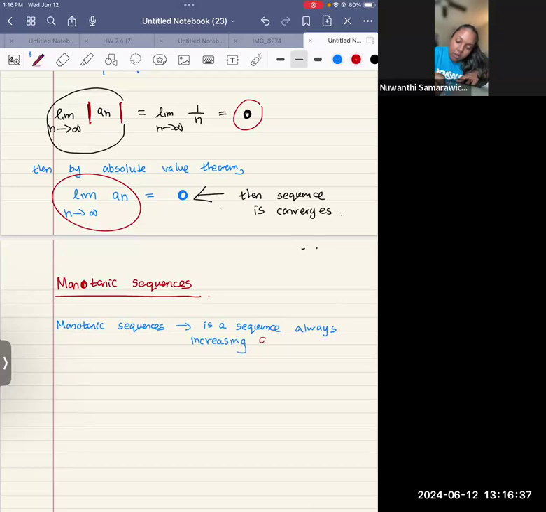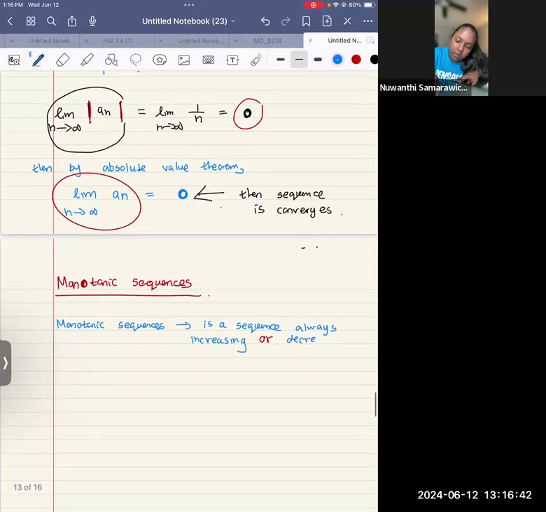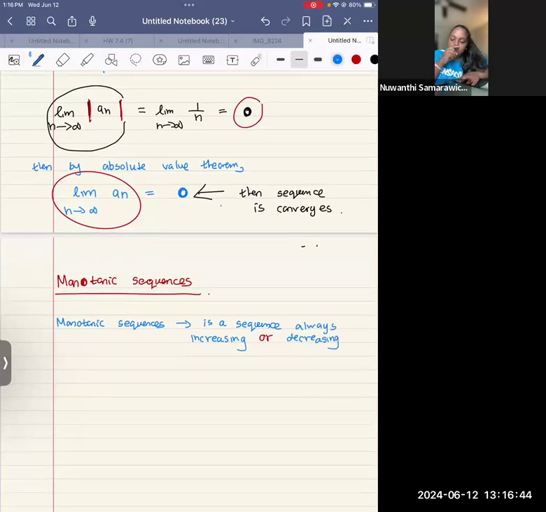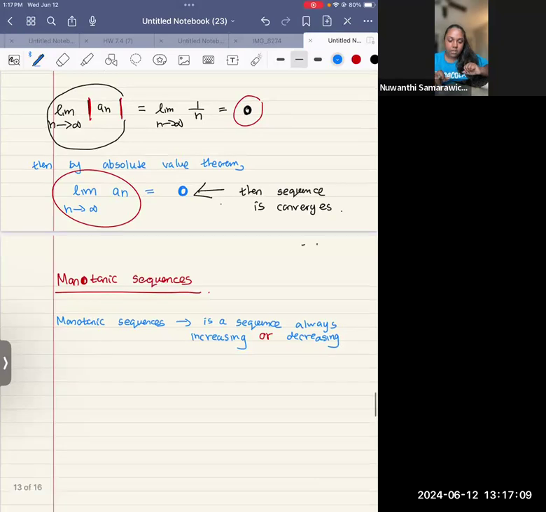Don't forget it's or decreasing. So whenever you take the n term, if you draw the graph and you see the sequence is both increasing and decreasing in the graph, then that's not a monotonic sequence. A monotonic sequence is either always increasing or always decreasing.